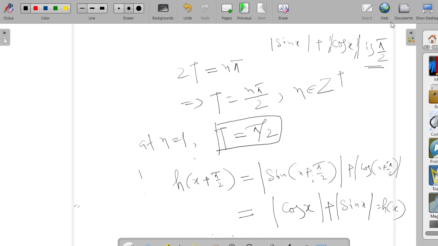This is the fundamental period. Pi is definitely one of the periods. By making use of this trick, without drawing the graph of the function, we can also find the fundamental period of a given function. Definitely the graph is a smarter approach, but with the help of this technique we can find the period.